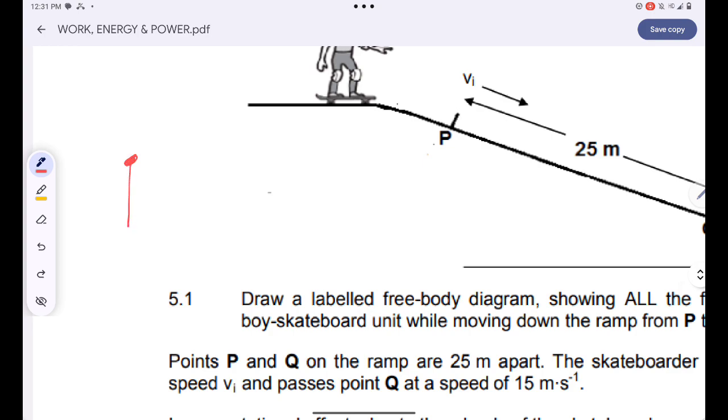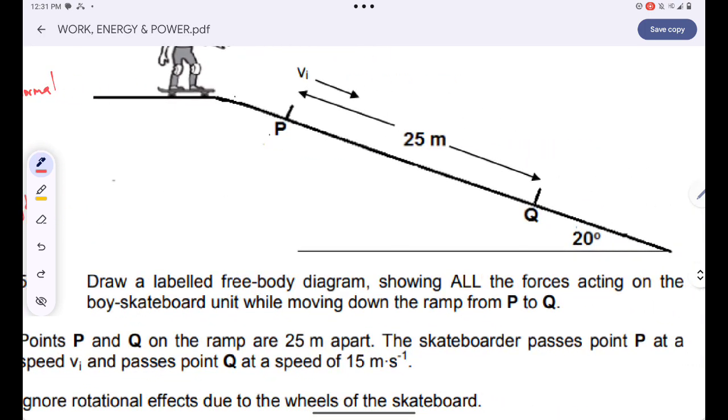So he will experience a gravitational force, weight, all together, and then there'll always be a frictional force which opposes the motion of the boy, friction, and then there's normal force which is perpendicular to the surface. You will get your full 3 marks now.